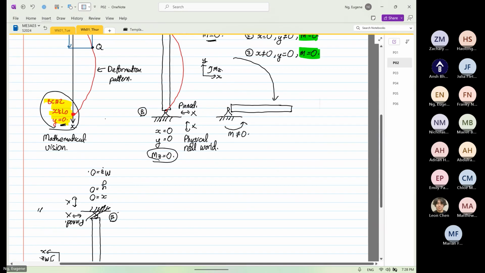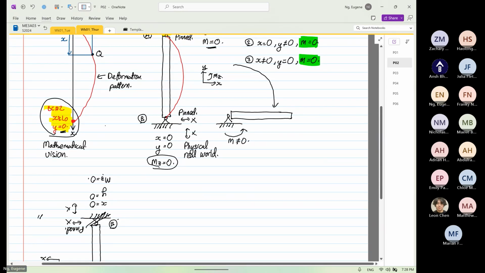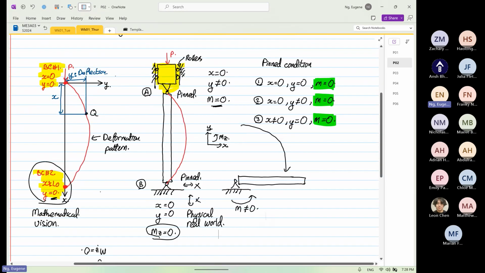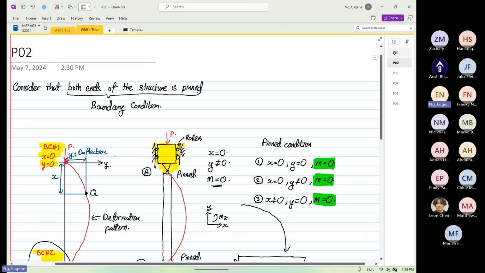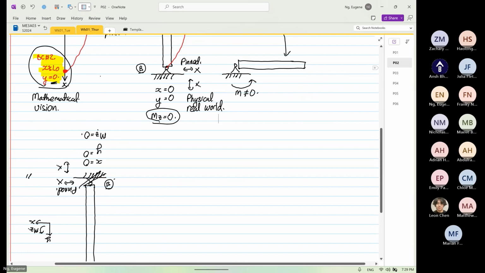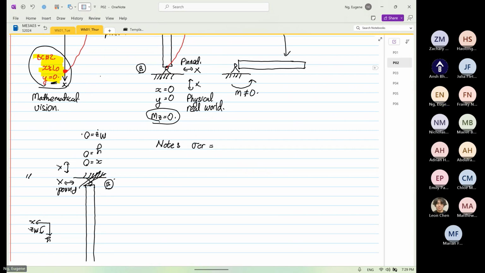Now, why is this important? If we look at the equation which we formed earlier, stress critical is equal to n squared pi squared E, then L over R squared.